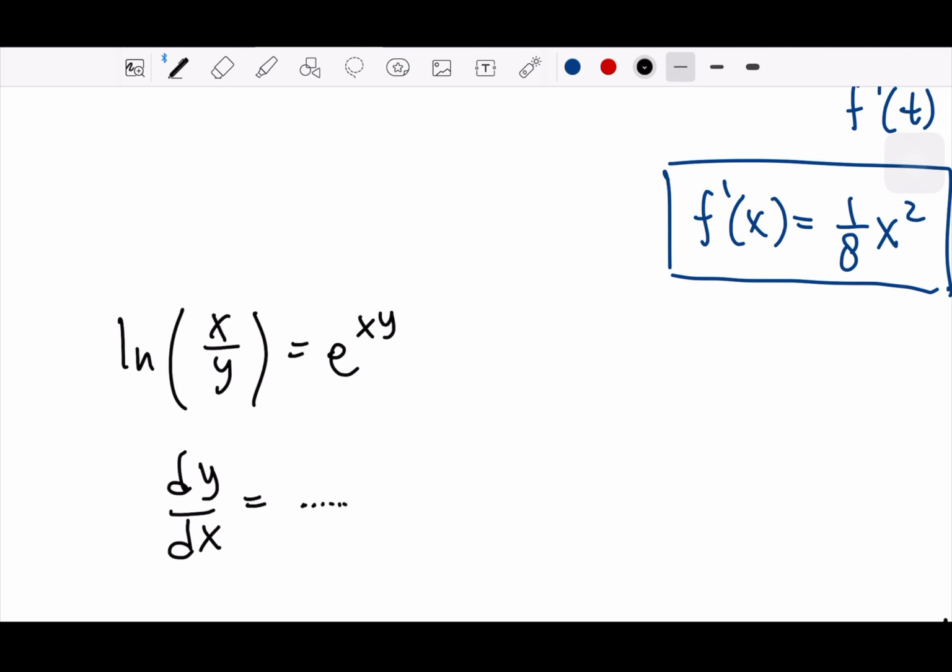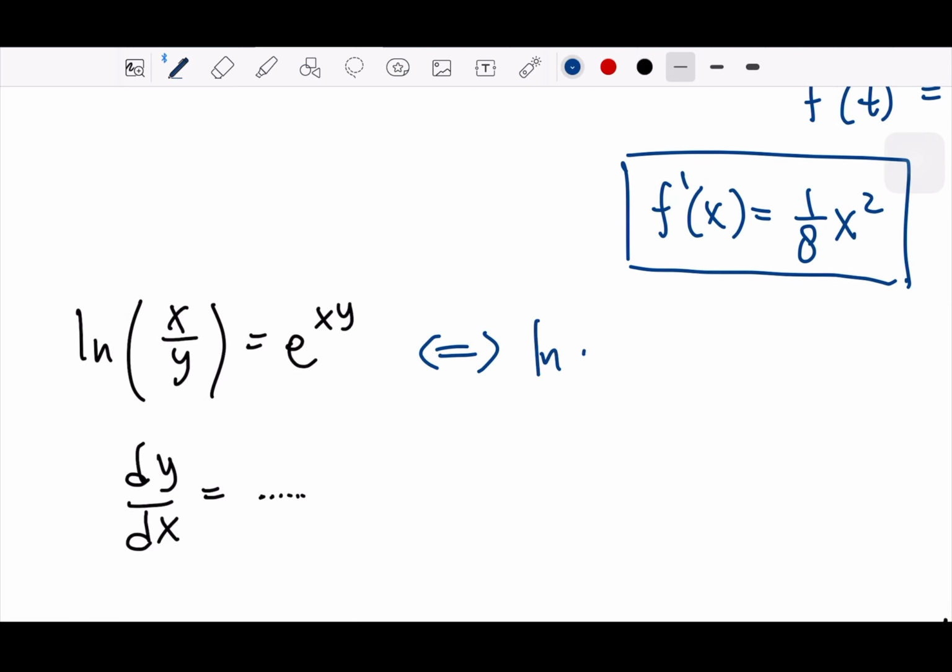But remember, when we have this ln and we have this fractional function, my suggestion is to separate them first, and then you can differentiate. Because if we separate this, it becomes ln x minus ln y, which is a simplified form to be differentiated.